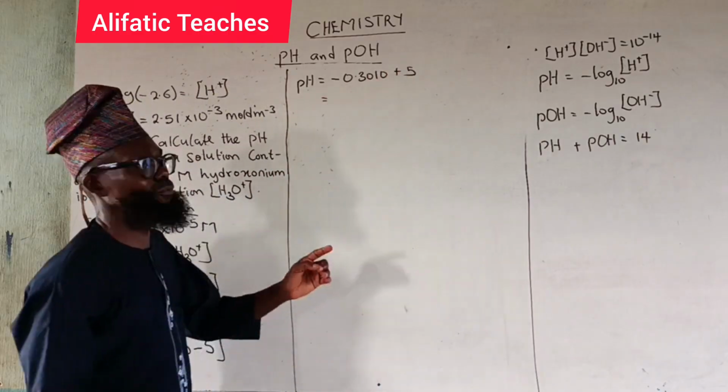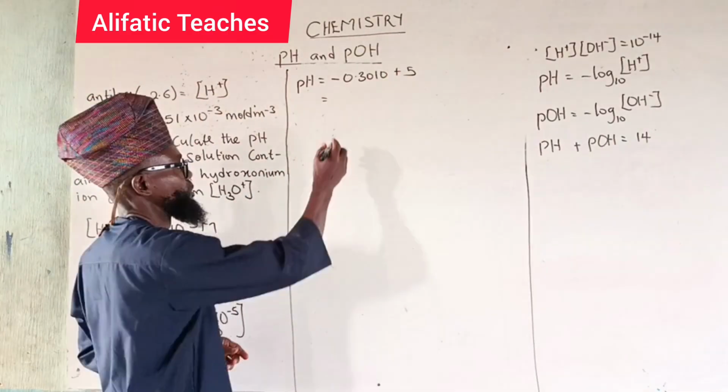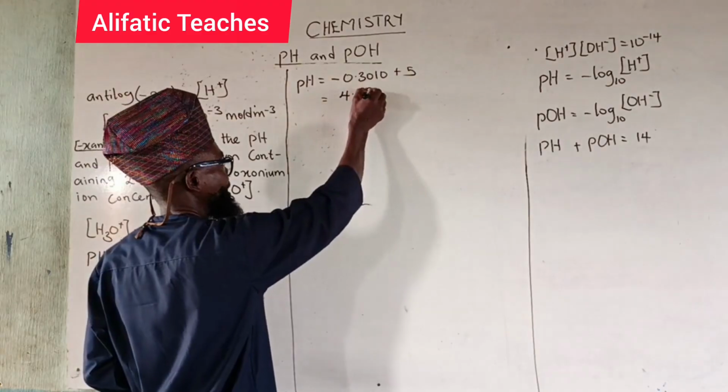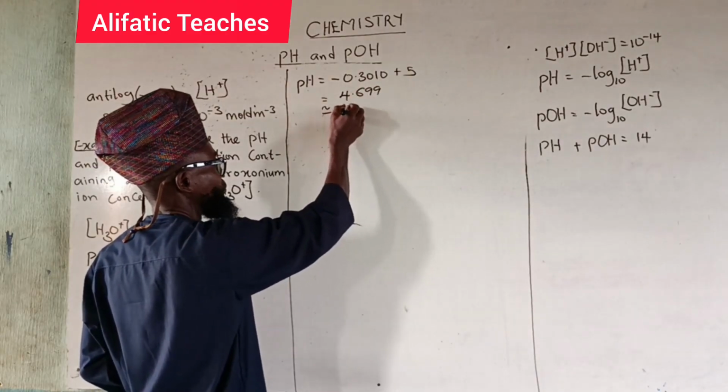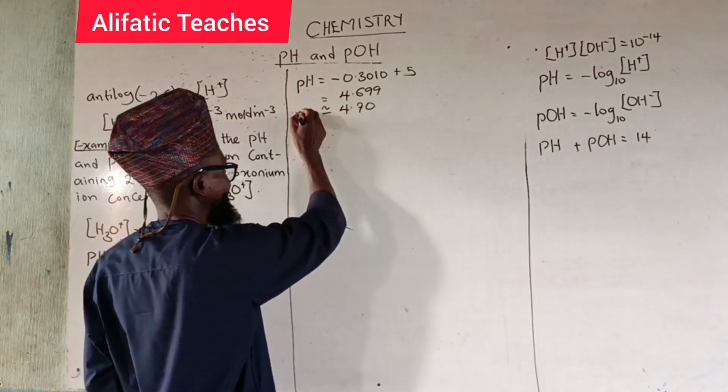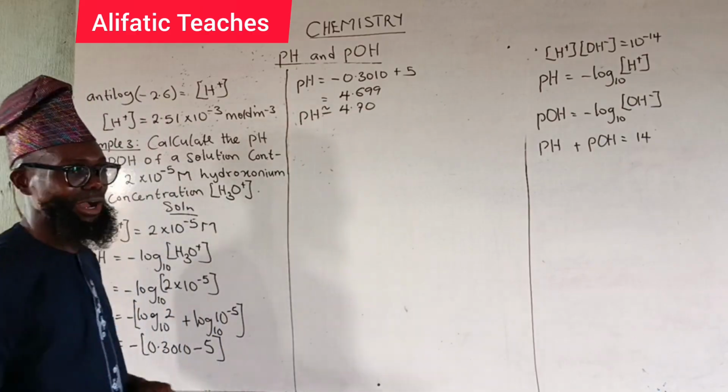Using our calculator, we have 4.699, approximately 4.70. That's our pH.